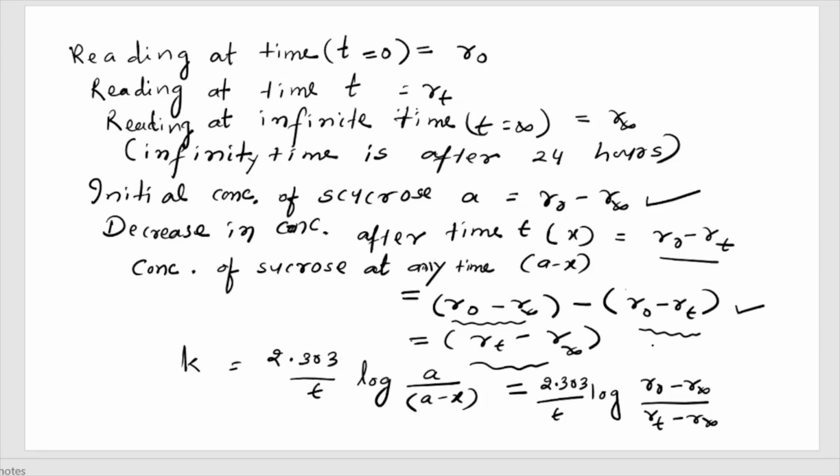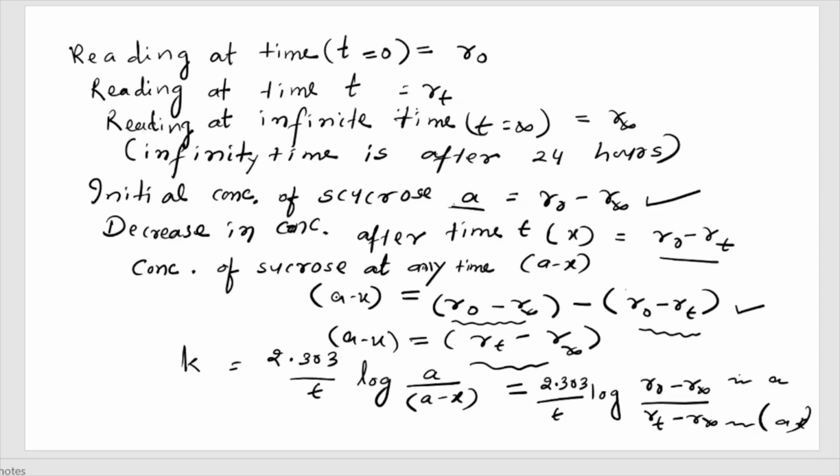That means, again remember, this is the A value, and this is the A minus X value. So R0 minus R infinity, this is the A, and here RT minus R infinity, this is the A minus X value. So it is easy now.